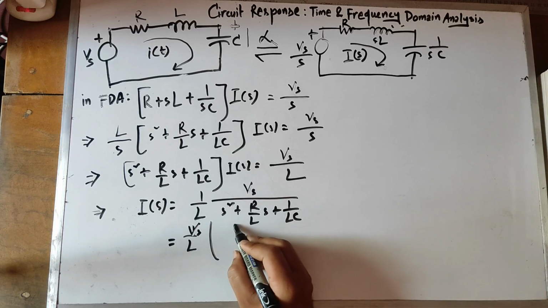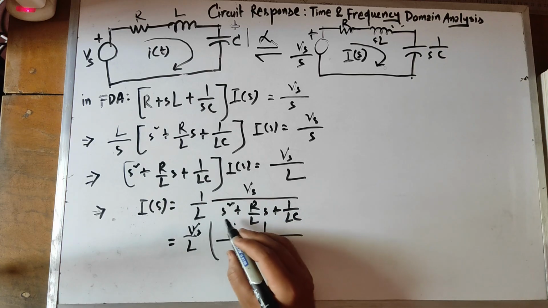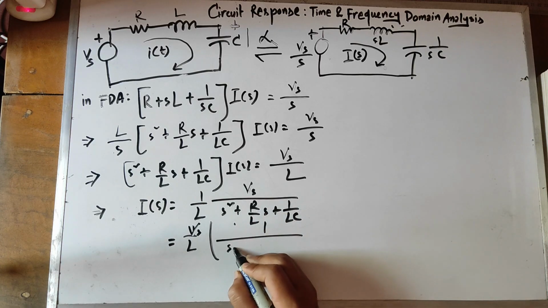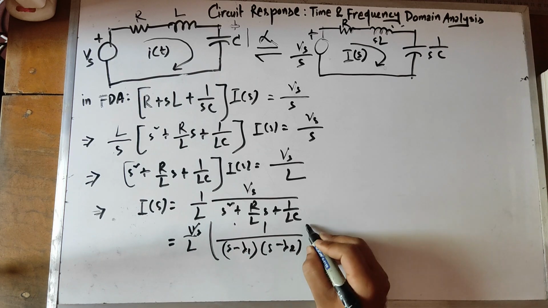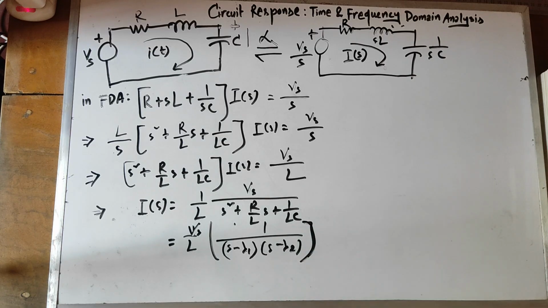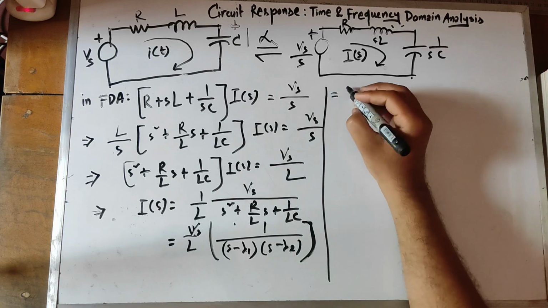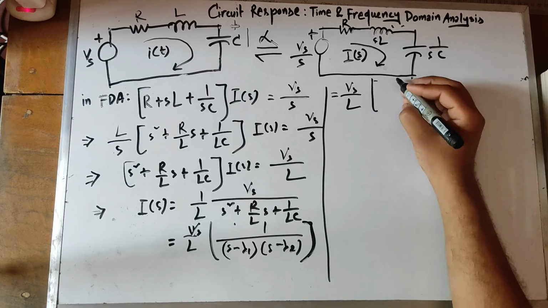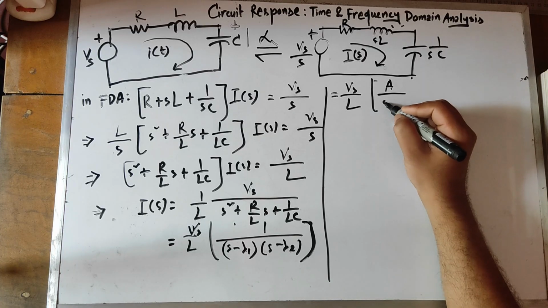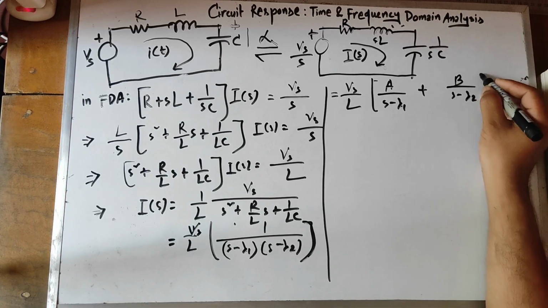Now I'm just gonna factorize the denominator: S minus lambda 1, S minus lambda 2. If I take it like this, here we get Vs by L times A by S minus lambda 1 plus B by S minus lambda 2.